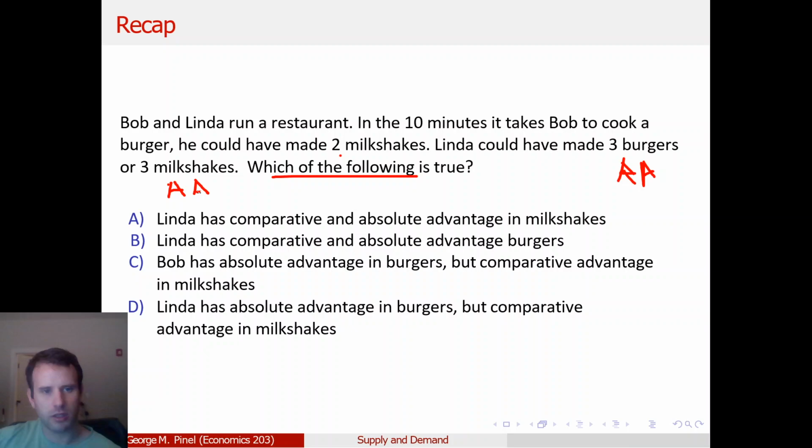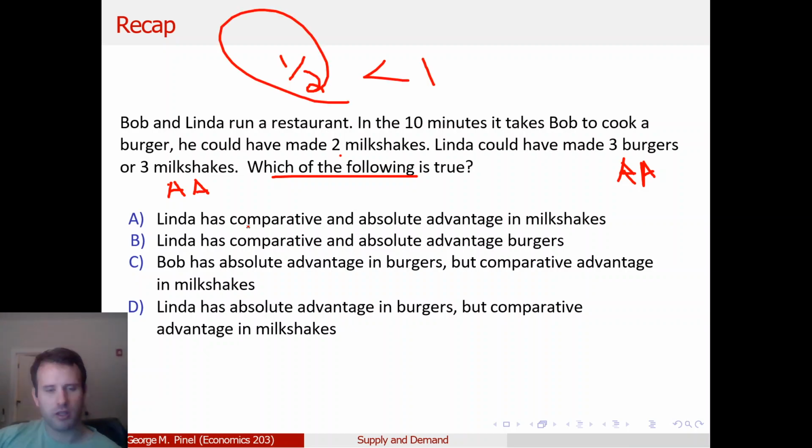What's Linda's opportunity cost of a milkshake? So for every milkshake she makes, she's not making one burger, because 3 divided by 3 is 1. So Bob has comparative advantage in milkshakes. Okay. Linda, therefore, has comparative advantage in burgers.